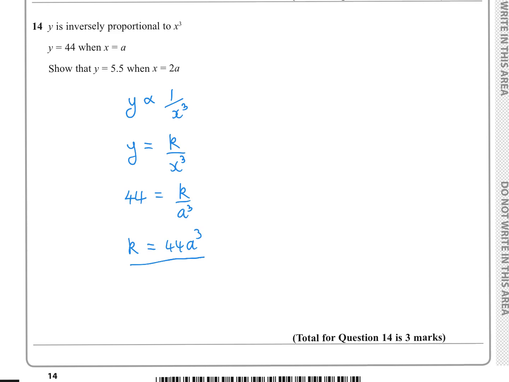Well, what do we do from there? Well, the first thing is we've got this relationship between a and k, and we can put this in this formula here. So y will be equal to k, which is 44a cubed, over x cubed. And x is now 2a.